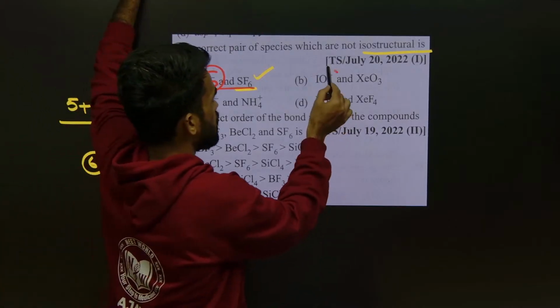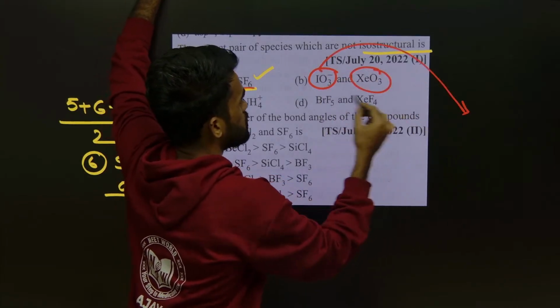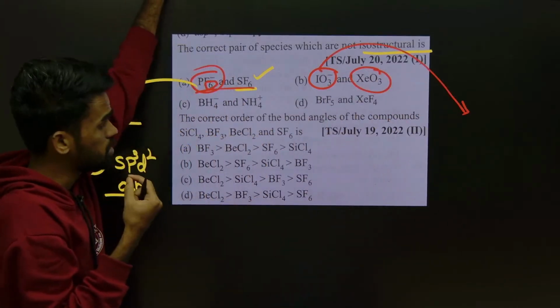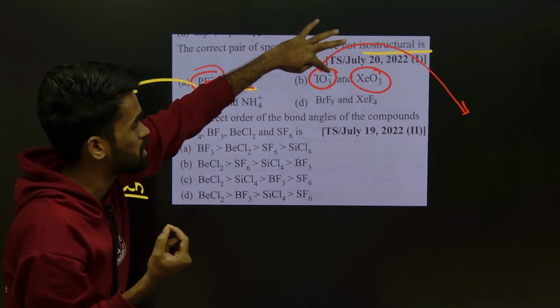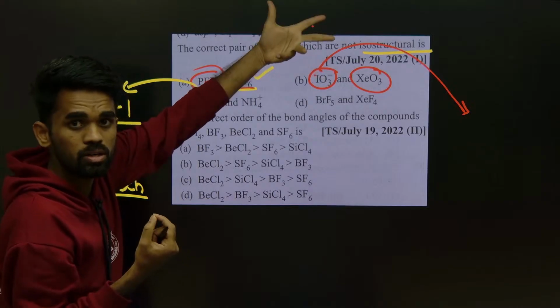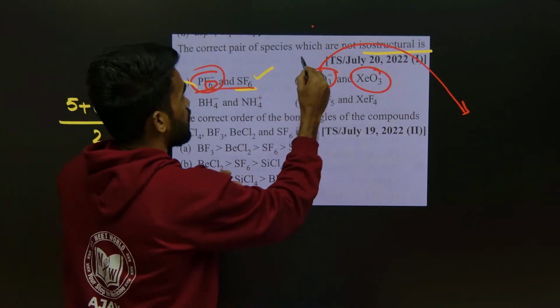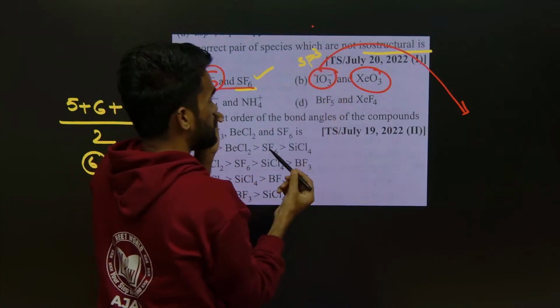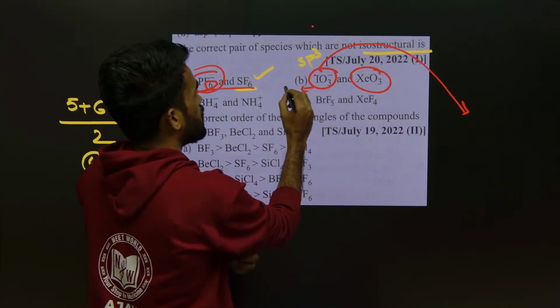In the second option, if you consider IO3 minus, it is a 17th group element, iodine, 7 plus 7 plus 1, 8 by 2, 4, so it means tetrahedral geometry, sp3 hybridization with tetrahedral geometry having one lone pair, that gives it a pyramidal shape.